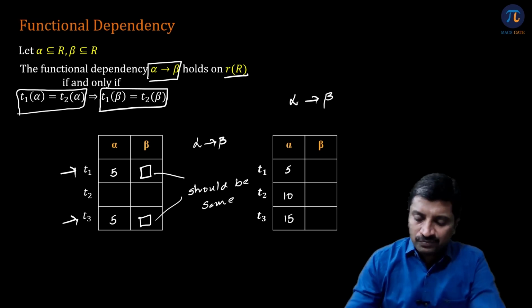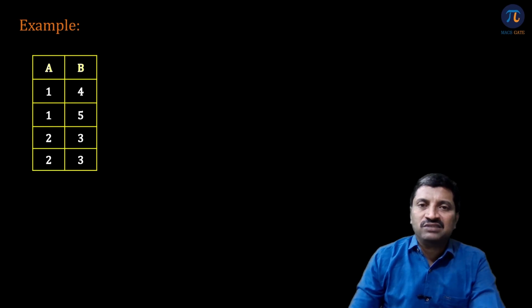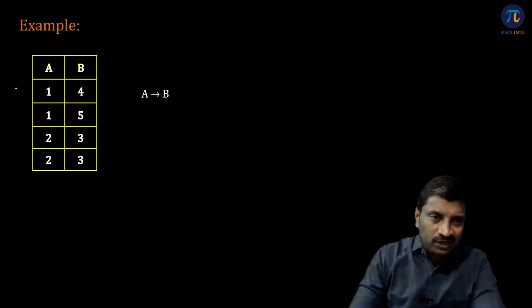Is that clear? So let us see one example. Suppose we have a relation with two attributes A and B. Let us verify whether A implies B is satisfied by this relation instance or not. So let us give the names T1, T2, T3, T4.